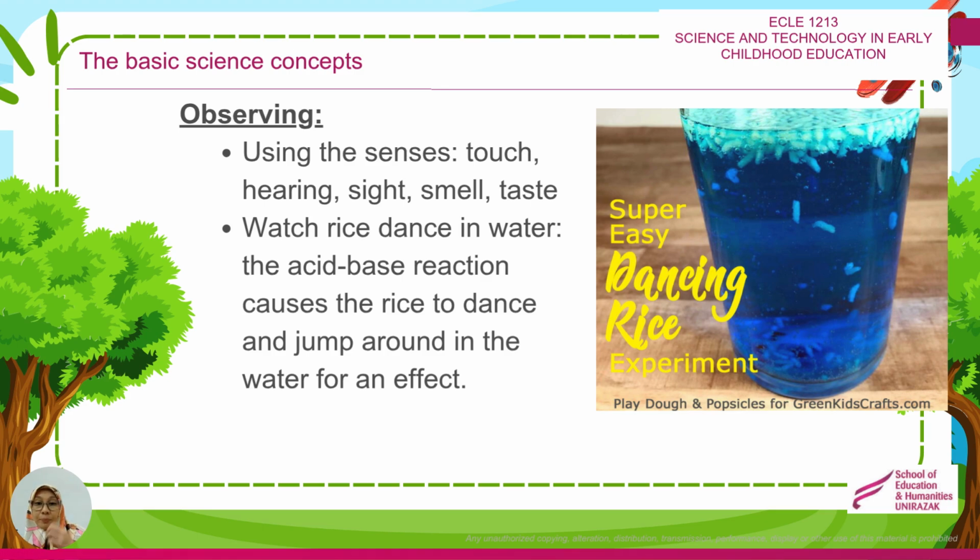So this simple activity shows us how exciting and surprising science can be. It also helps us to pay attention to detail and the noticeable changes from the reaction. So observing is actually the first step in understanding science at any age, especially for early childhood education. It's all about looking and listening closely to learn new things.